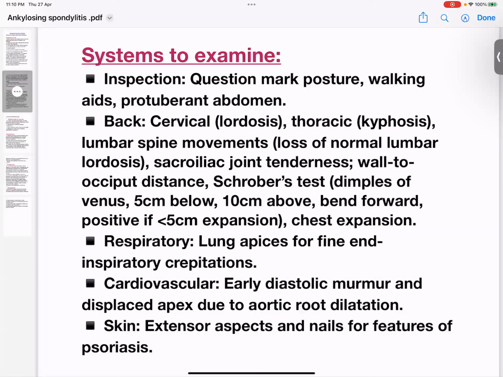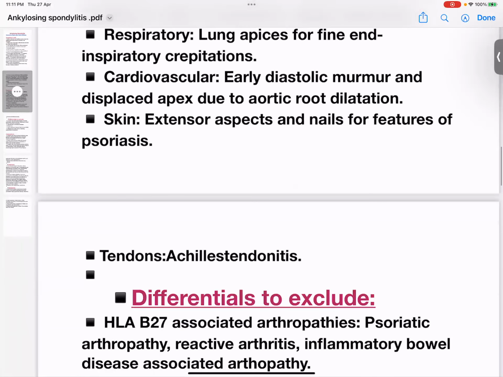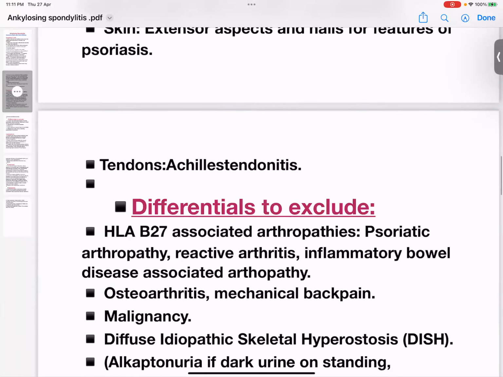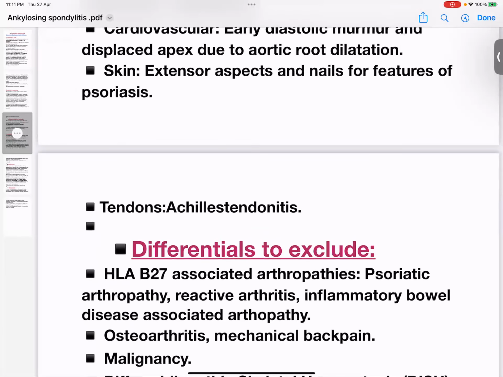Skin: extensor aspects and nails for features of psoriasis. Sometimes, as I said, there will be association with other autoimmune diseases like psoriasis. Tendons: Achilles, there will be Achilles tendonitis.